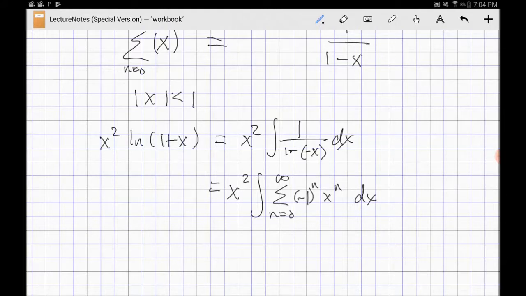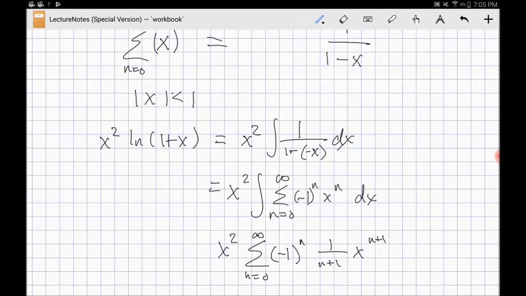So we would integrate this like how we integrate every other integral. Negative 1 to the power of n is a constant, so we just have the sum from n equals 0 to infinity of the integral of x to the power of n, which is 1 over n plus 1 times x to the power of n plus 1.